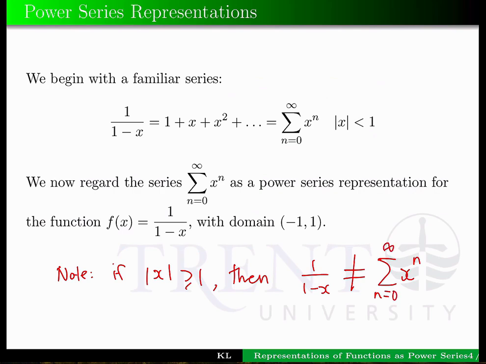Again, if x has absolute value greater than or equal to 1, then 1 over 1 minus x is not the same as this power series. They are only equal if the absolute value of x is less than 1.